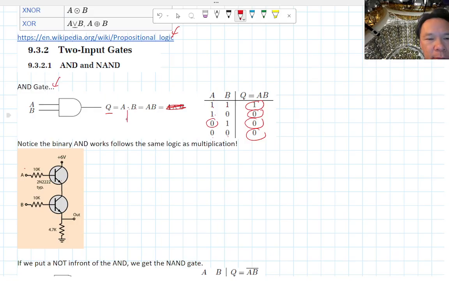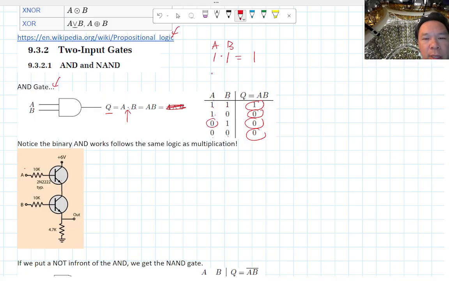So why is it represented by a dot? Because typically, a dot in math represents multiplication. But an AND gate is actually the same logic as multiplication. And we can show you why. 1 times 1, which is, in this case, A and B, that's the only time you get 1 as the output.